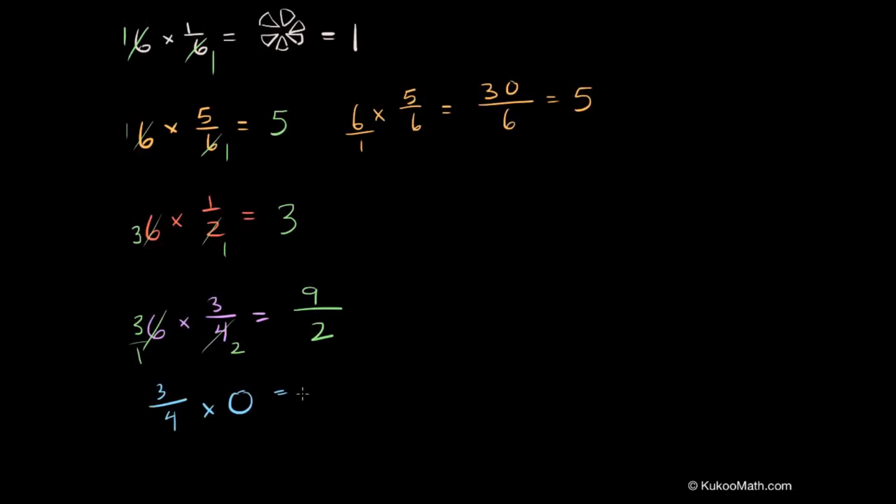So the answer is always 0. The same thing occurs with fractions times 0. It's going to be 0 again, because it's like saying, let's add 0 of 3/4. So we don't draw anything. There's nothing there. So any fraction times 0 is still equal to 0 as well. It follows the same rules as whole numbers.